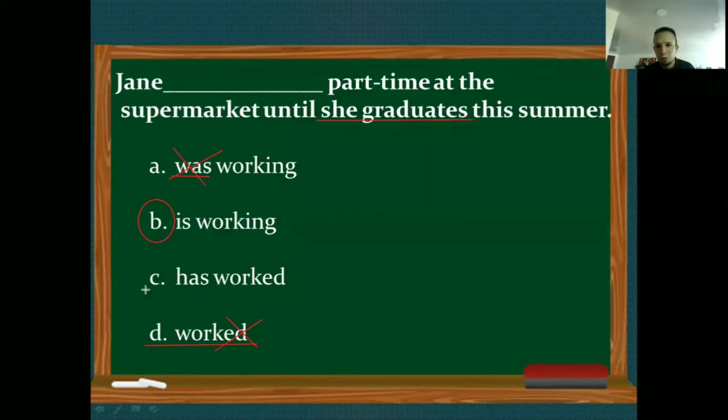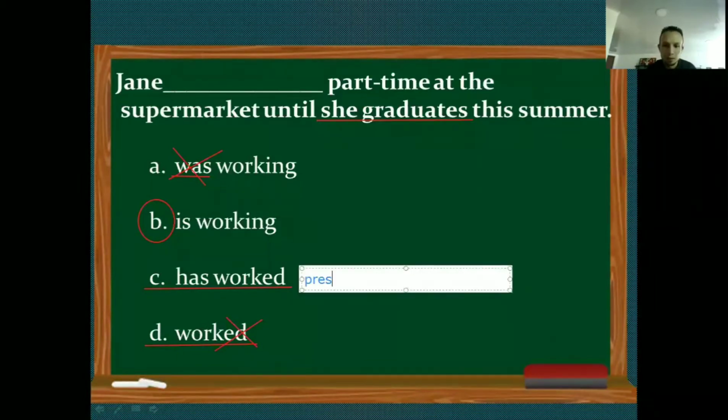C, it's incorrect, because we normally don't use this has worked. This is called present perfect. We don't use present perfect with one word as until. We don't use it with until. That is over here.